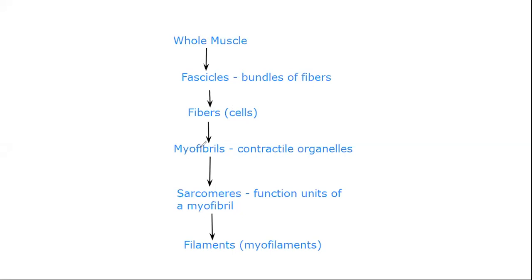Inside our muscle cells are myofibrils, which we introduced in the last lecture, the last video. What we're going to talk about here in this video are what we call sarcomeres, the functional units of a myofibril. And inside of sarcomeres are the actual contractile things, the things that do the shortening, what we call filaments.